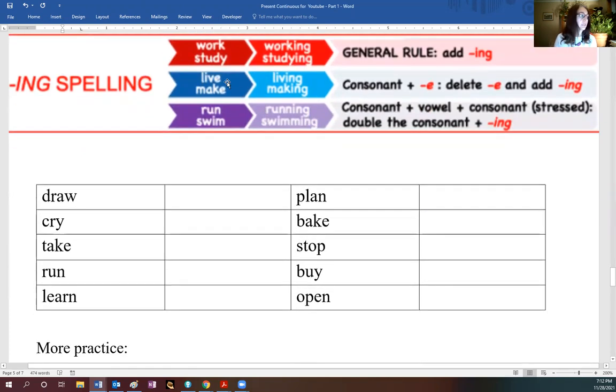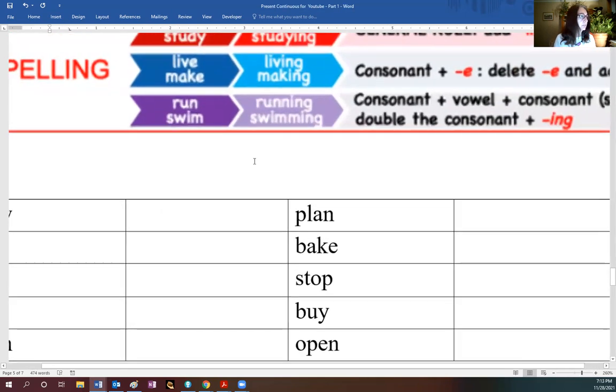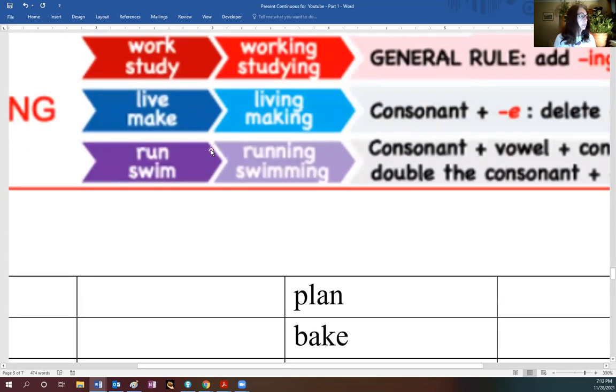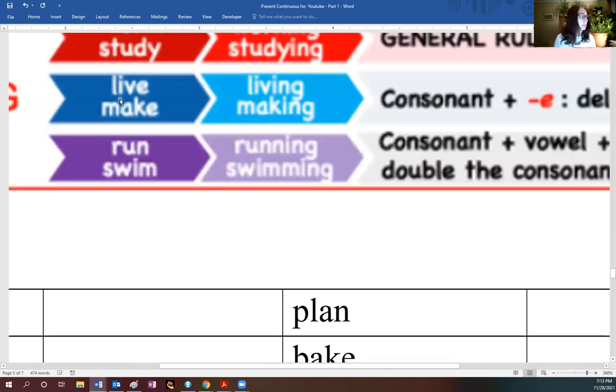What happens when you have an e at the end of a verb, like live, make, bake, take? Before adding the ing, you delete the e, drop it. You don't need e, and then you add ing. So I can make it a little bit bigger so you can see it here. So it says here, live.